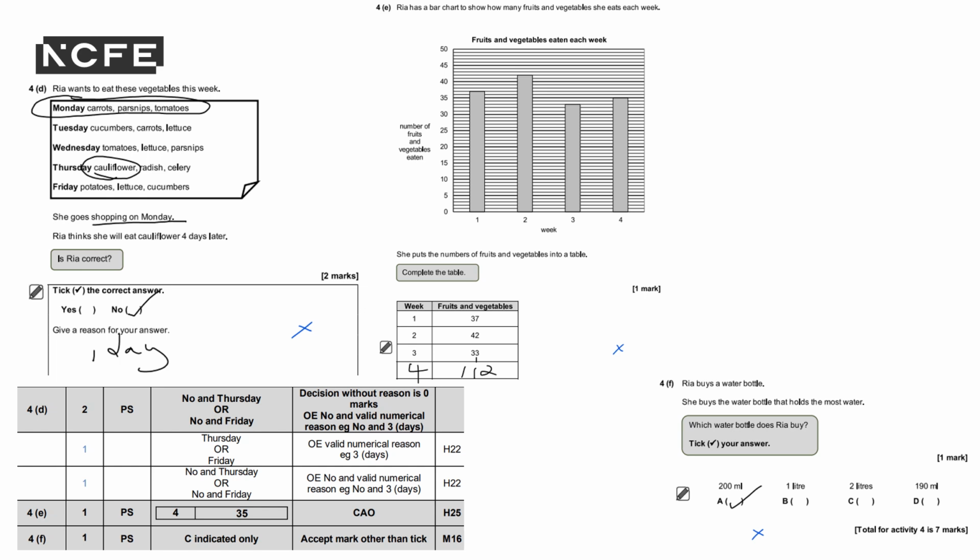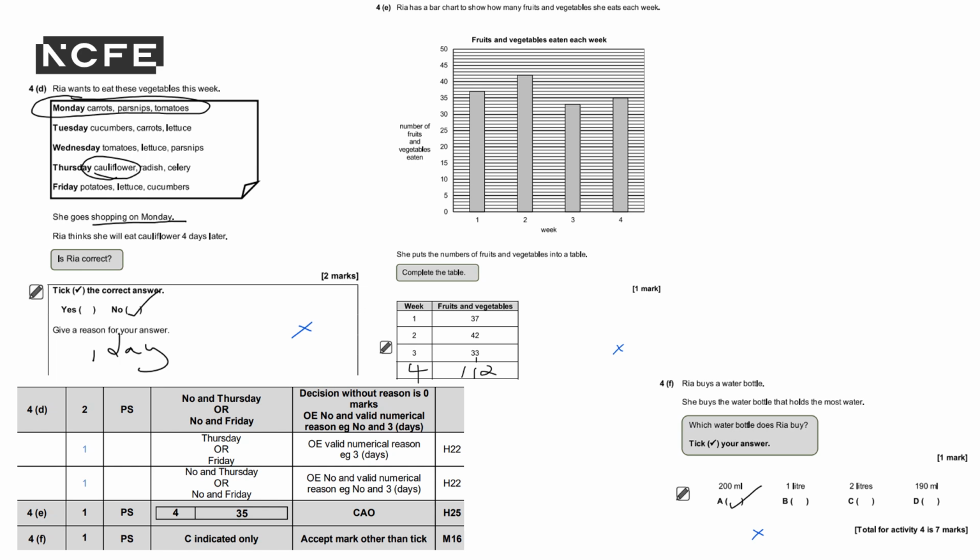For 4E, they've given an answer of 4. In week 4, they've written 112, and unfortunately, that's not the correct answer. It looks like they've added up, so they've gone to all that trouble of adding up the fruit and vegetables from the other weeks instead of simply looking at and reading that bar chart.